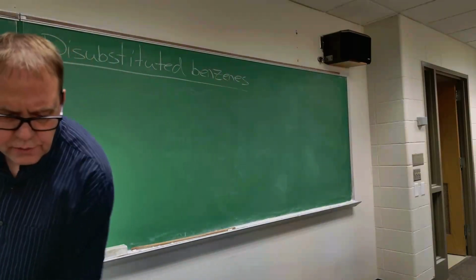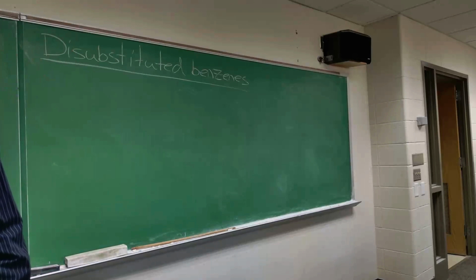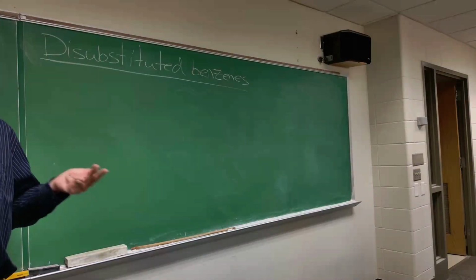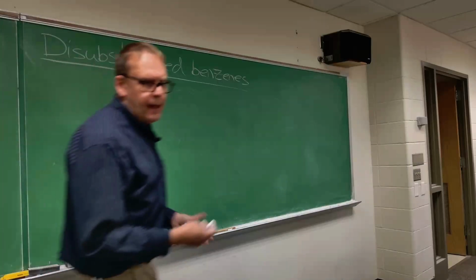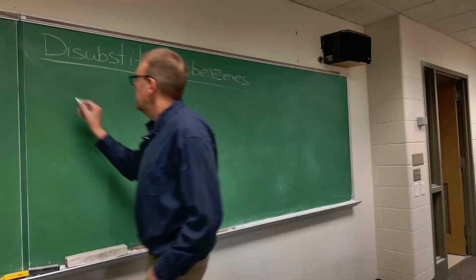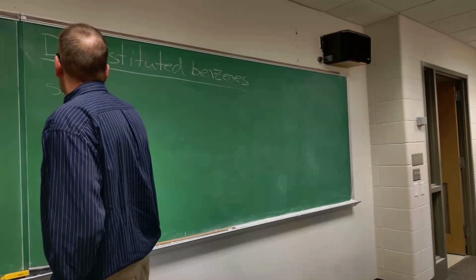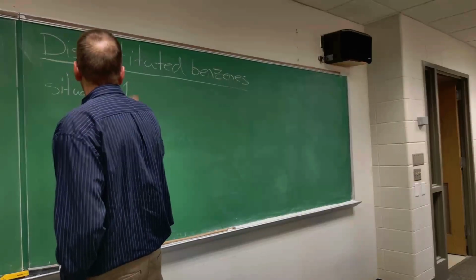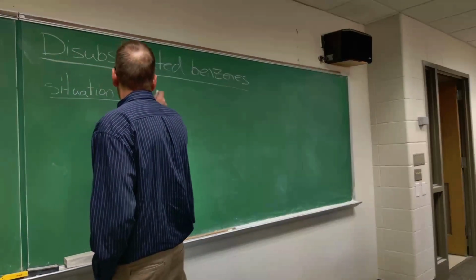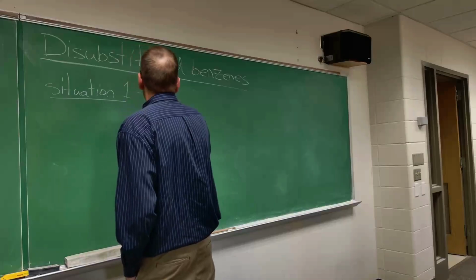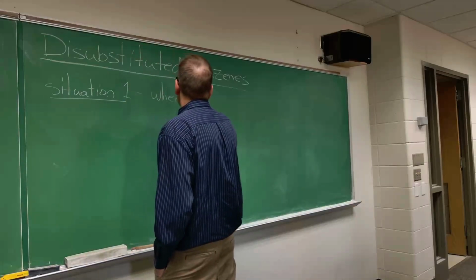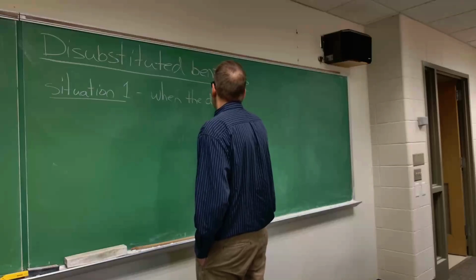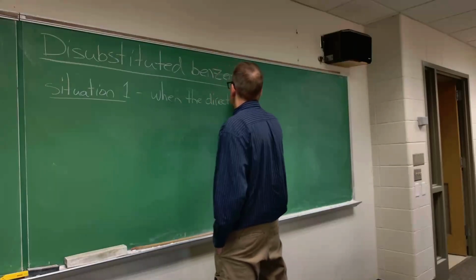What we're going to do is look at 3 different situations and try to decide what happens in these different scenarios. So situation 1 is when the 2 groups agree on where the substitution should happen.